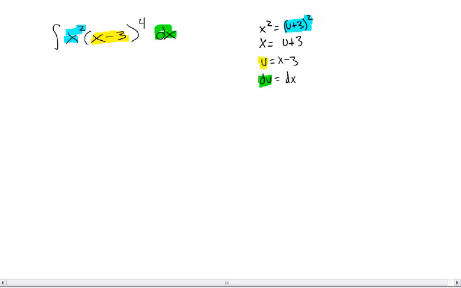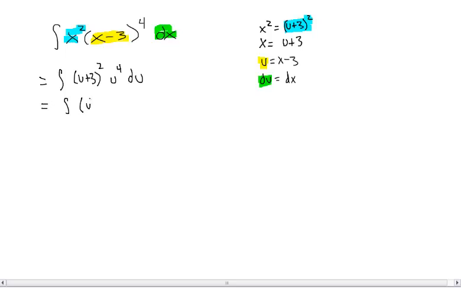And now let's rewrite this in terms of u. So we have the integral of (u plus 3) squared times u to the fourth du. And now I'm going to multiply u plus 3 times u plus 3.